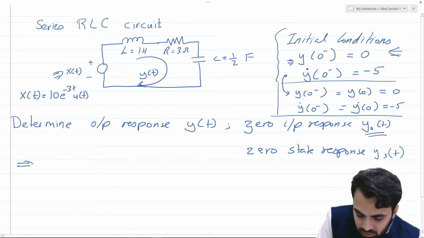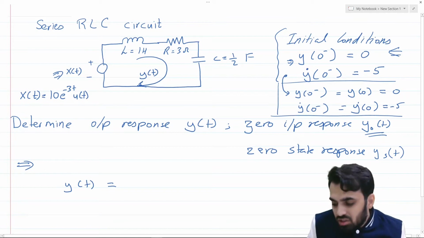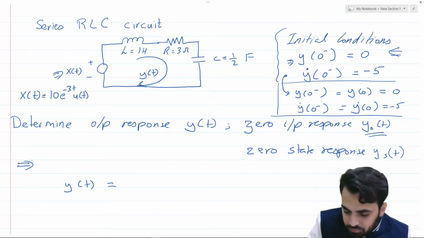So we know that the output response of the loop current y(t) is an addition of the zero input response and a zero state response.